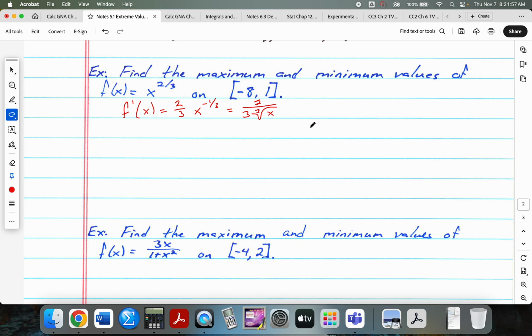Where is this undefined? At x is 0. Where is it equal to 0? It's never equal to 0. Trick question. All right? So this does not exist at x is equal to 0 and f prime is never equal to 0.